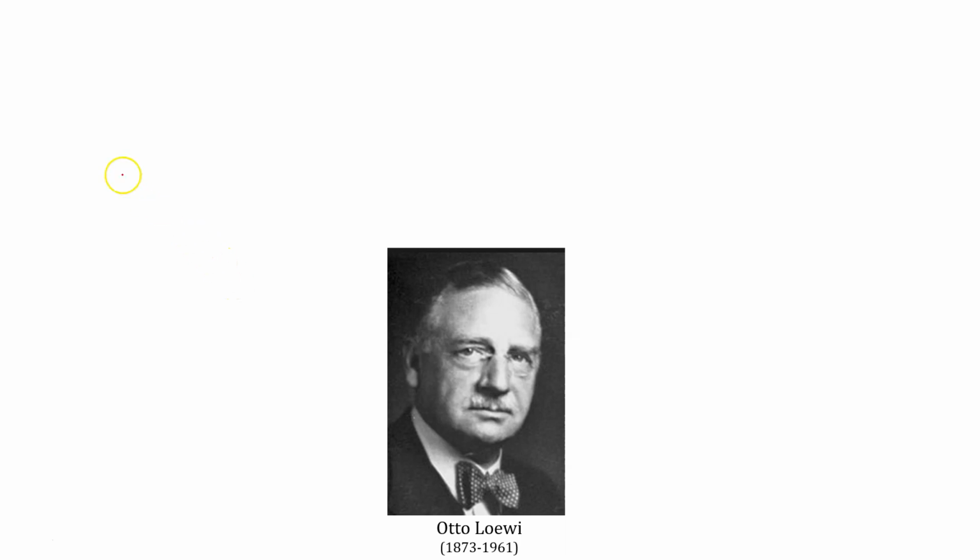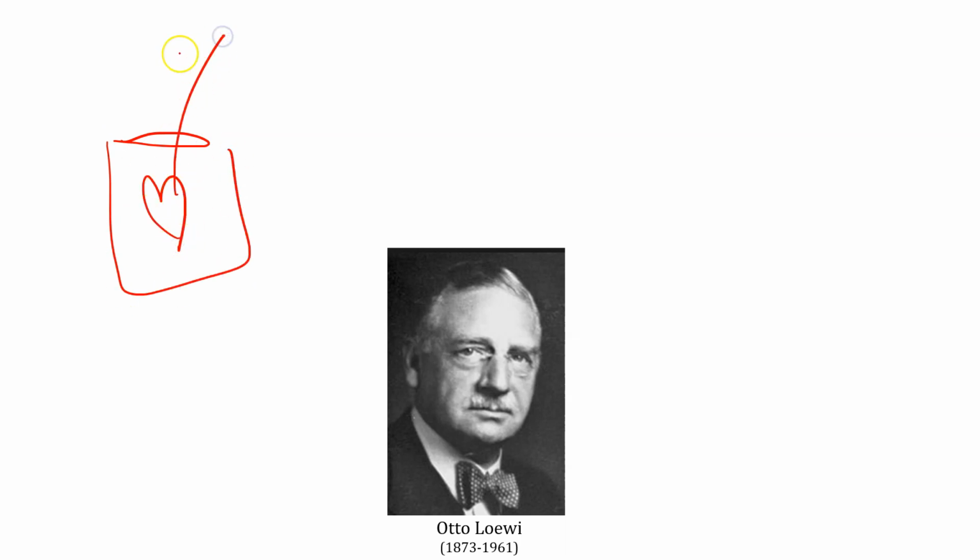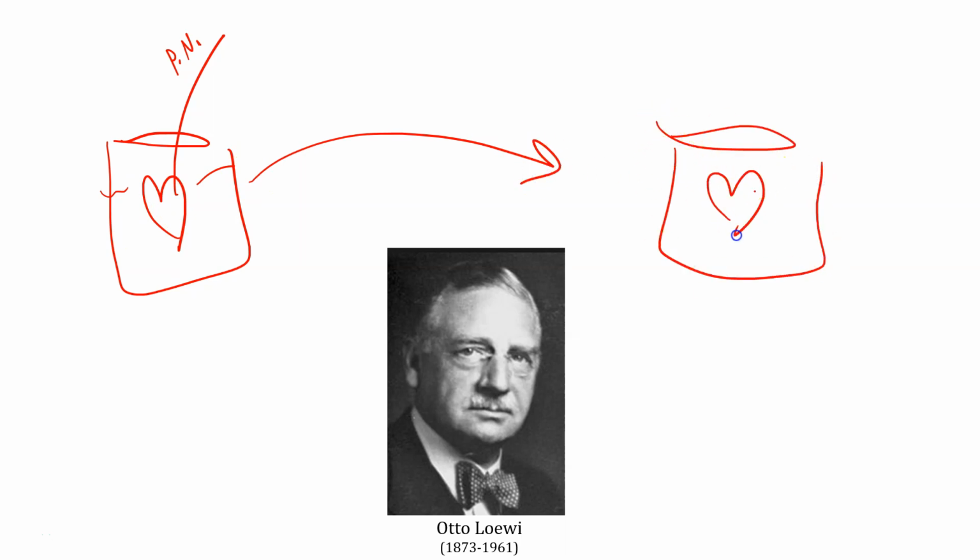His experiment, just in case you're interested: he took a heart and basically stimulated the parasympathetic nerve, and it slowed the heart rate down. Then he took all of the fluid that the heart was in and transferred it to a new heart. So he transferred his famous vagus stuff, all the fluid here, over to this new heart, and it had the same effect.